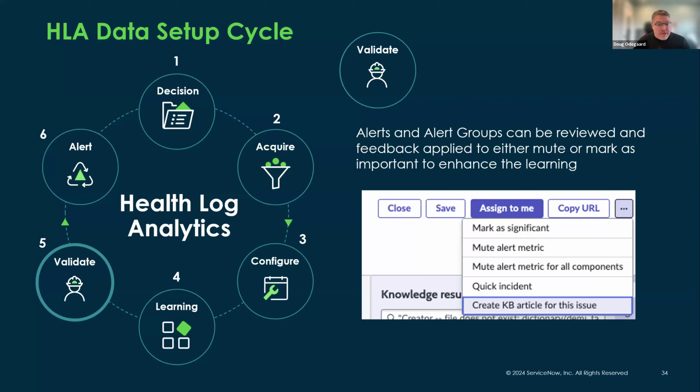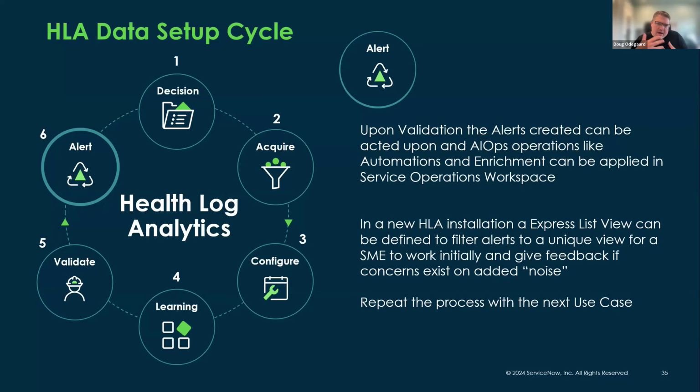So there is a feedback mechanism that can be used as you learn and work with the system. You'll also notice there's a quick incident and a create KB article option as well, so within the system you have the opportunity to do those. I almost think of validate not necessarily as a step, but as part of the process. As those alerts come in, your validation may continue.